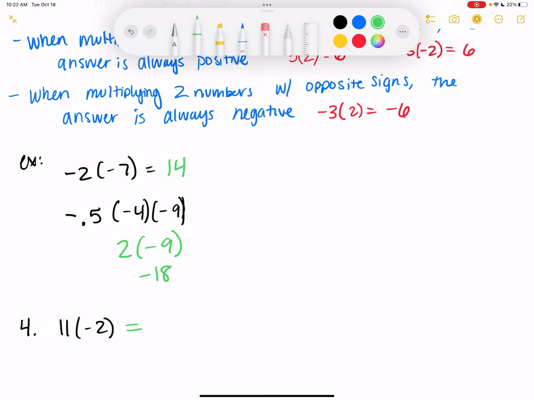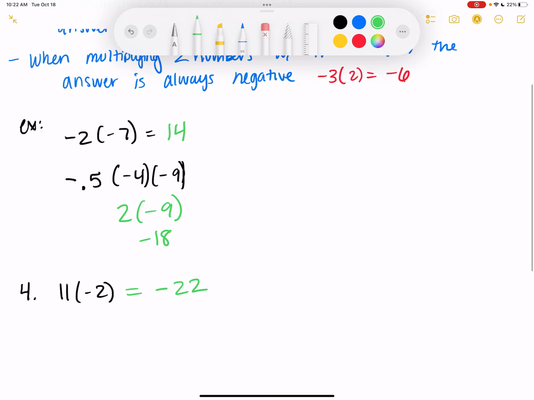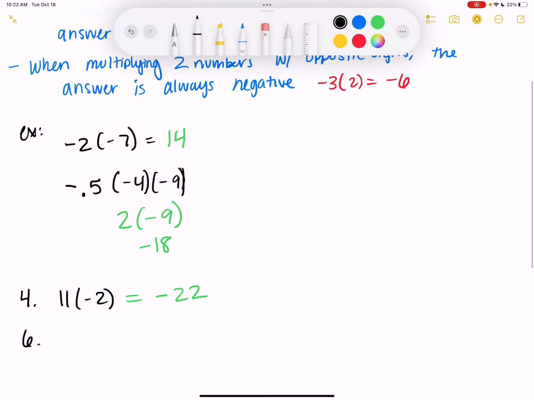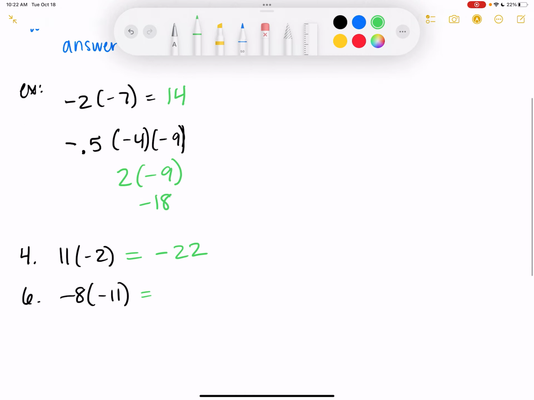Negative, opposite sign, so negative 22. Number 6, negative 8 times negative 11. Positive 88. Positive.